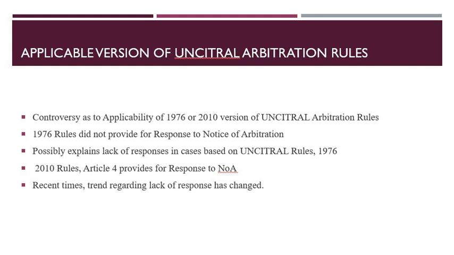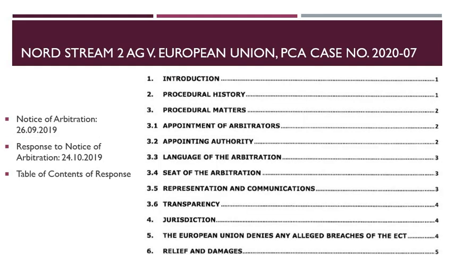This probably explains why one could hardly find any international investment cases under the UNCITRAL Arbitration Rules 1976 where a response to notice of arbitration was issued by the respondent. In other words, the concept of response to the notice of arbitration was not contemplated explicitly under the 1976 arbitration rules.